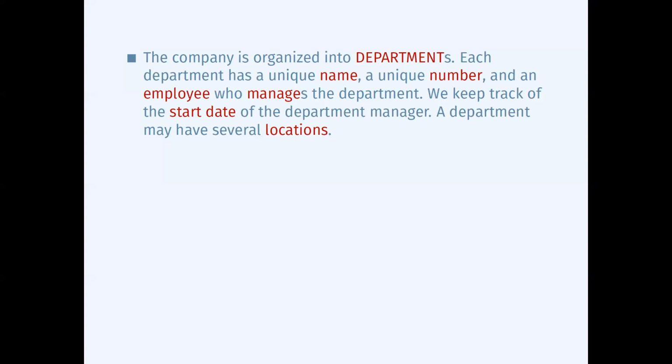So the first description says a company is organized into departments. You can see capitalization here. Each department has a unique name, a unique number, and an employee who manages the department. We keep track of the start date of the department manager. A department may have several locations. So this is about the data requirement.